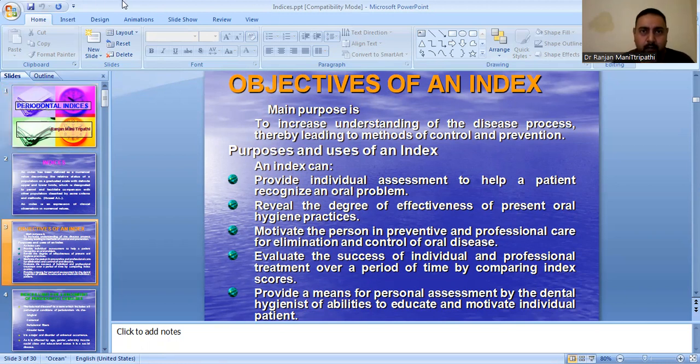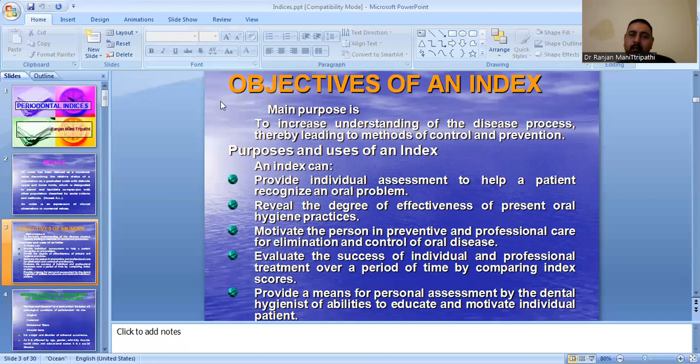It may also help in revealing the degree of effectiveness of present oral hygiene practices, both mechanical and chemical, that may lead to the motivation of the person in preventive and professional care for elimination and control of oral diseases.